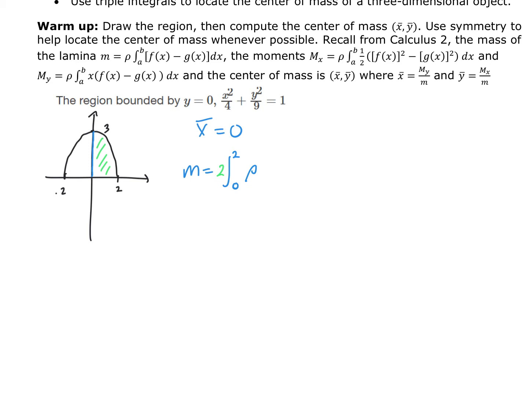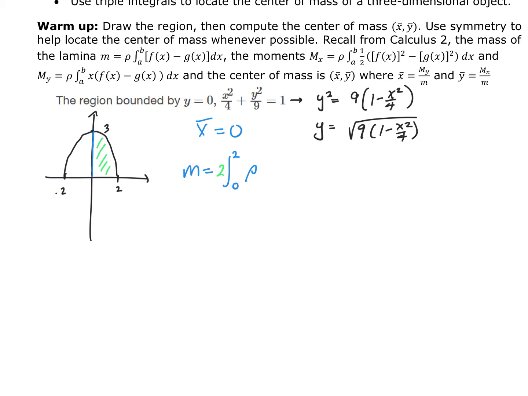well, we have to spend some quality time solving for my y here. I need to take this and solve for y. So I have y squared is equal to 9 times, since I have to multiply both sides by 9, 1 minus x squared over 4. So y is going to be equal to the square root of 9 times 1 minus x squared over 4.